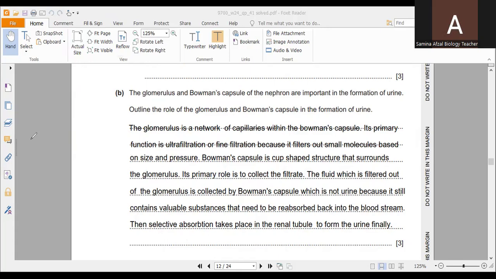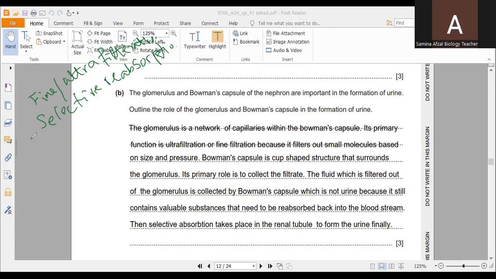First of all, the two main processes which take place in the kidney, in the nephron, are fine filtration or ultrafiltration, and second is selective reabsorption.